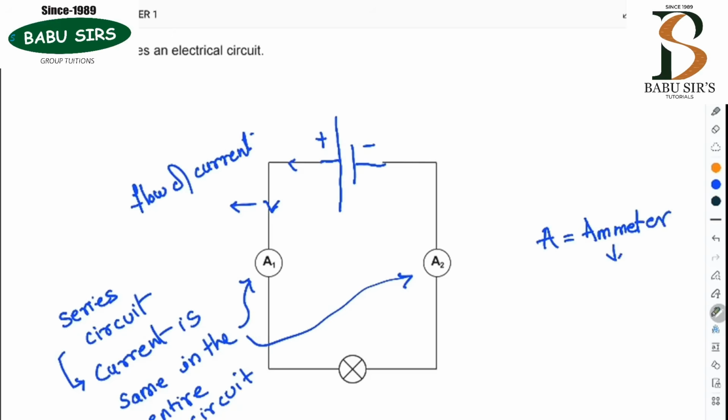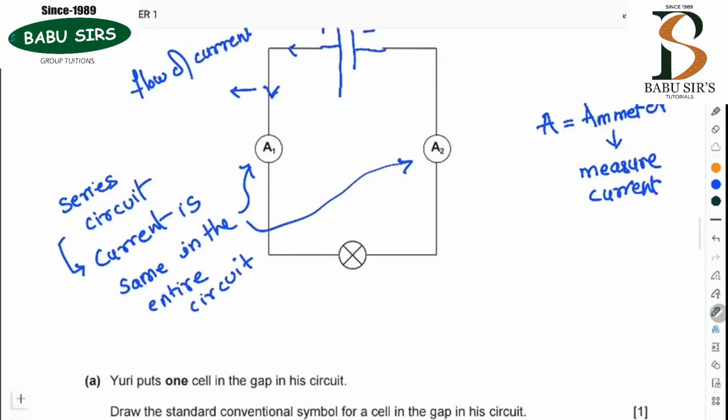Using ammeter you measure current. Now next is, this is your lamp, or it is the resistance.